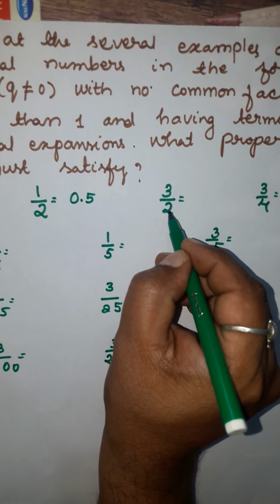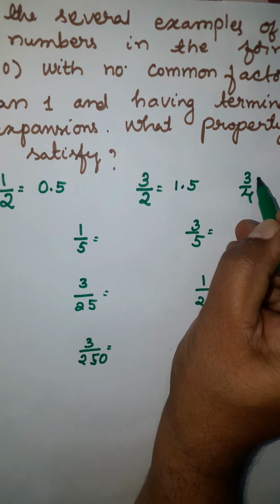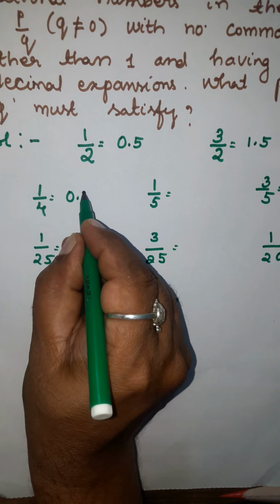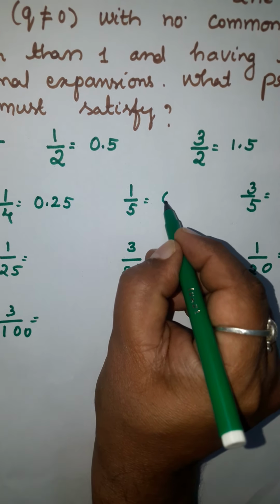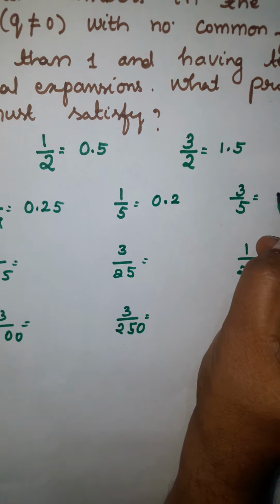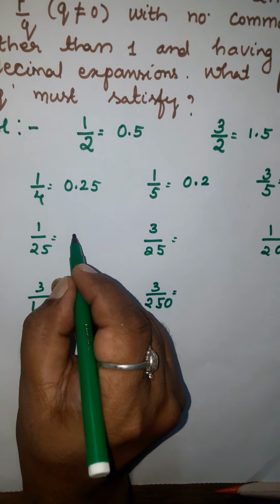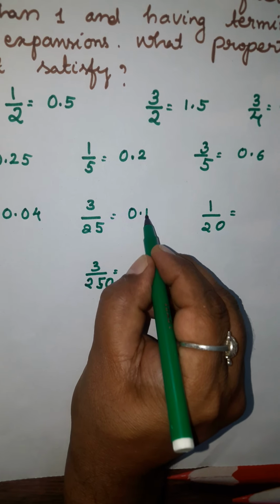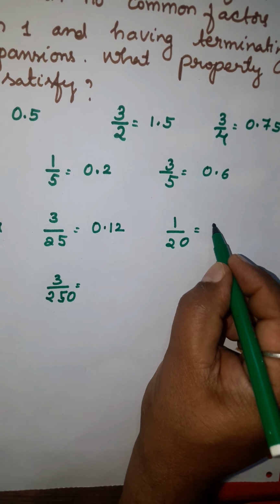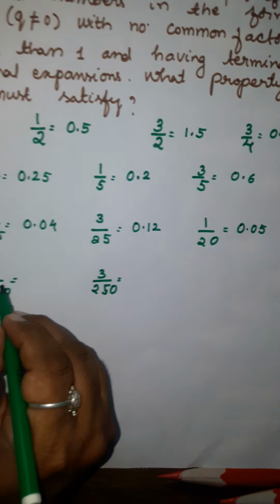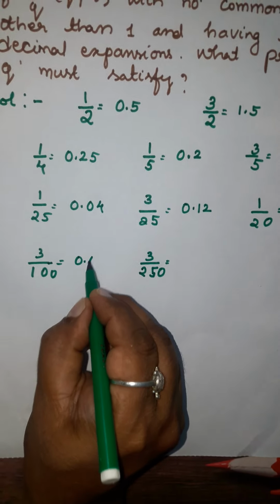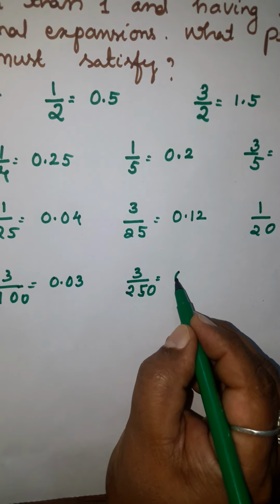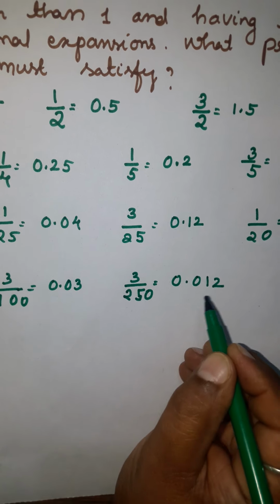So 3 by 2 is 1.5, 3 over 4 is 0.75, 1 by 4 is 0.25, 1 by 5 is 0.2, 3 by 5 is 0.6, 1 by 25 is 0.04, 3 by 25 is 0.12, 1 by 20 is 0.05, 3 by 100 is 0.03, 3 by 250 is equal to 0.012.